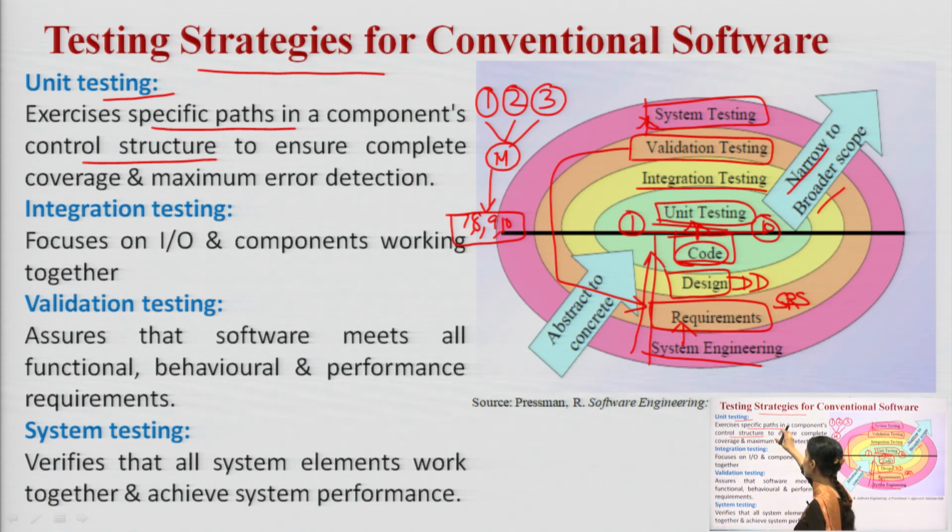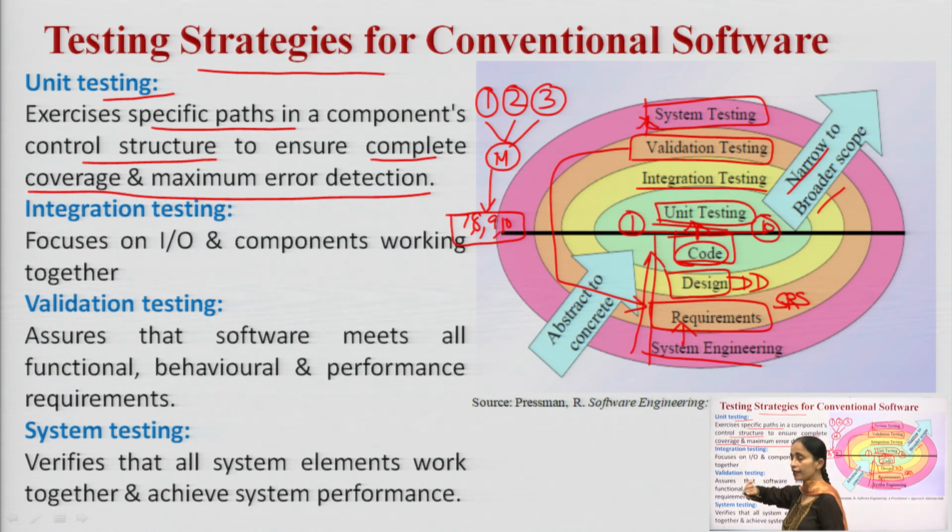I am specifying paths in a component control structure so that I can ensure maximum errors are detected and I have maximum coverage. I check it for various sets of inputs and see that it is behaving correctly. These things I am doing in unit testing.